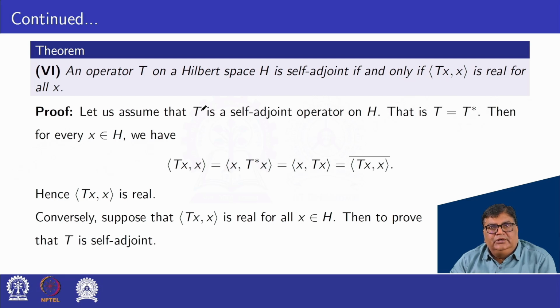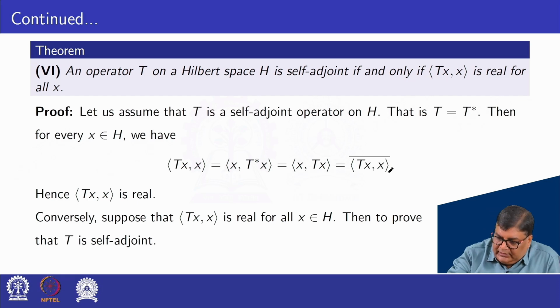Here T is self-adjoint, so this can be written as inner product of x and Tx. If we change the positions of the inner product, that is the complex conjugate, so this can be written as the conjugate of the inner product of Tx, x.